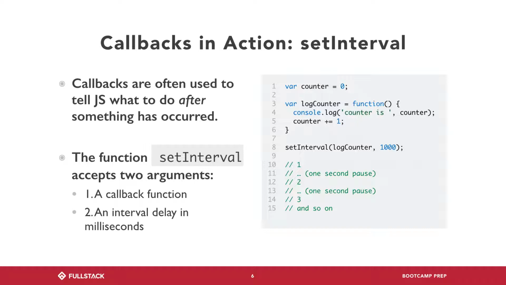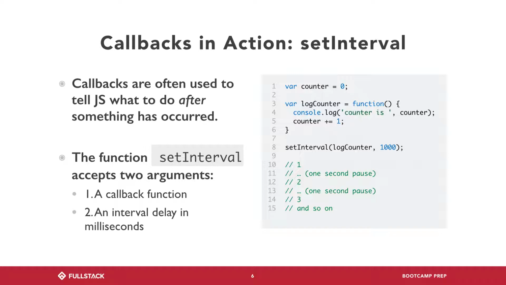Set interval is interesting. It's another kind of JavaScript reserved thing, and it's actually somewhat useful in real world scenarios. What set interval does is it's a function, and you don't need to define it because it's almost like a reserved function in JavaScript.